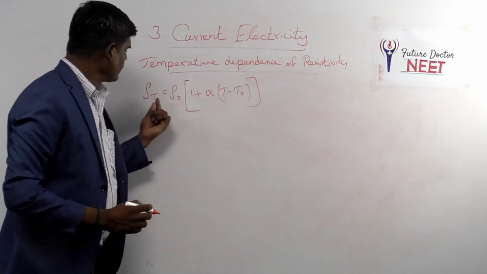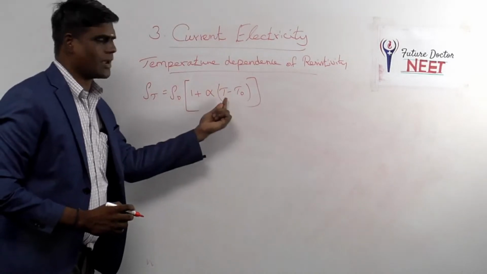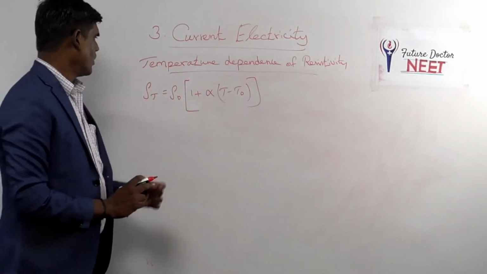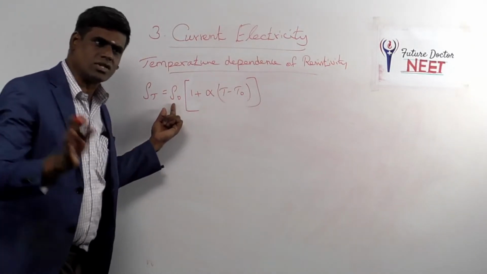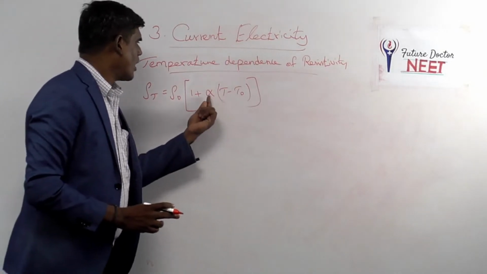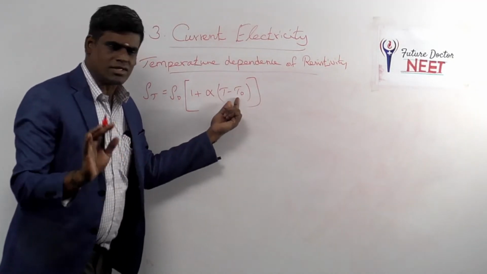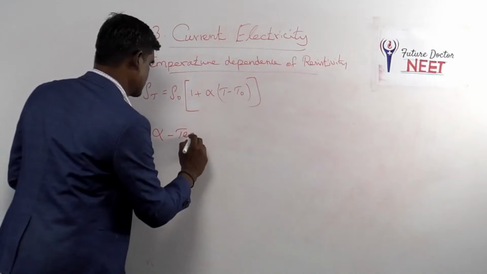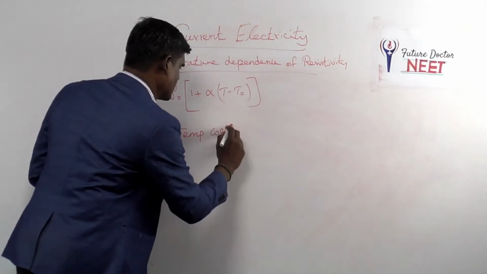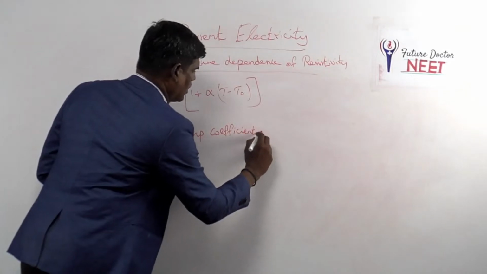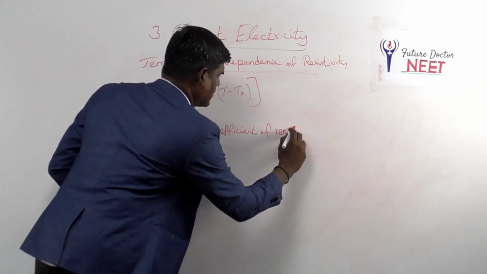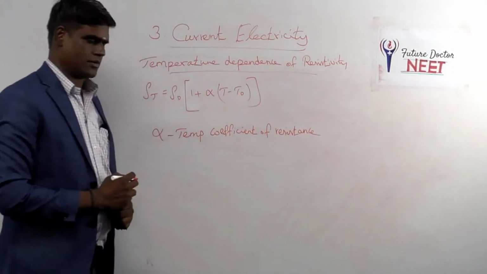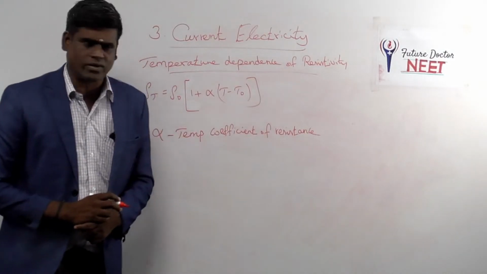Your rho T is the resistivity at T temperature. That is, when temperature increases, how is the resistivity? Okay. And rho naught is the resistivity at 0 degrees Celsius. And T naught is the temperature, 0 degrees Celsius. And alpha is the temperature coefficient of resistance. Alpha is the temperature coefficient of resistance.